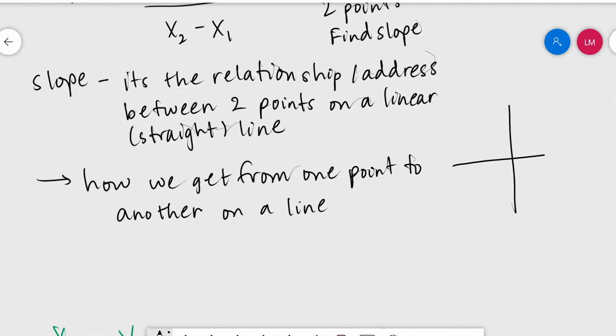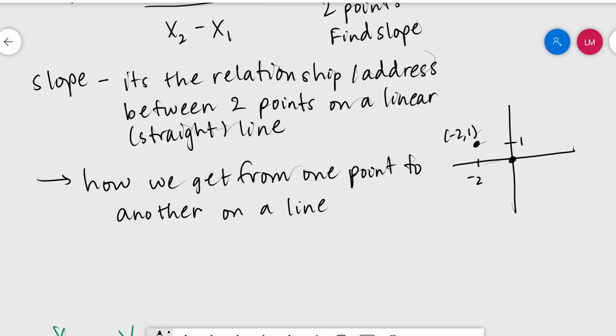I'm going to make up these points. Let's say one of the points is in quadrant 2, so it's -2, comma 1. I start at the origin, go 2 to the left, go 1 up, and boom. Let's say I live there at -2, comma 1.